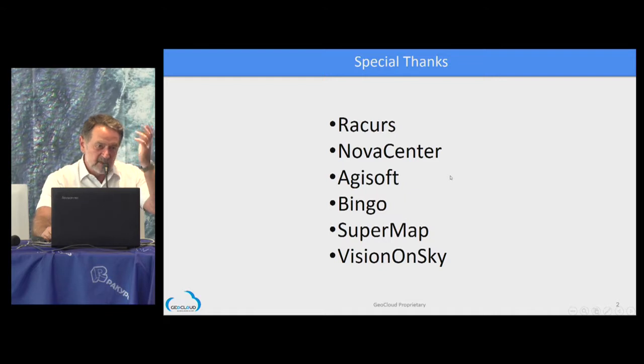First of all, it's Rakurs, then Nova Center from Moscow, Edusoft from Petersburg, Bingo from Germany, Supermap is a GIS product from China, and Vision on Sky, another Chinese company that creates very decent 3D models like Shura. The products of these companies are already available on our website.